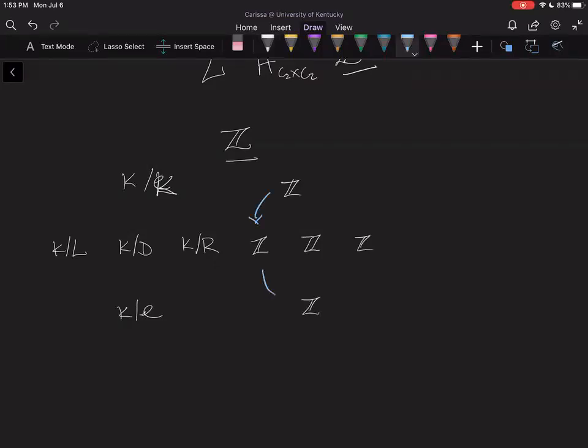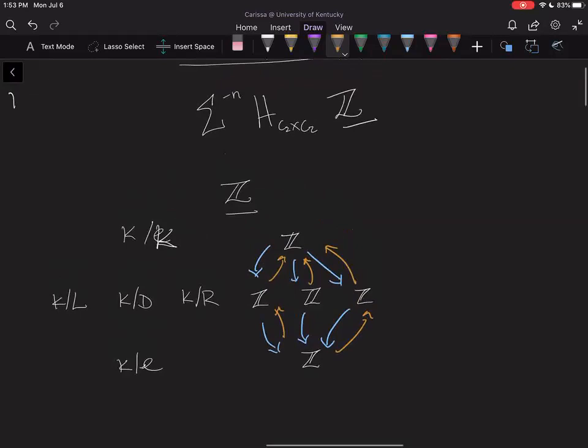The restrictions are 1. And now since Z is not characteristic 2, you're actually going to have transfers being multiplication by 2. So what I'd like to know is the slice spectral sequence for this sort of thing. That's what I'm working on figuring out at the moment.